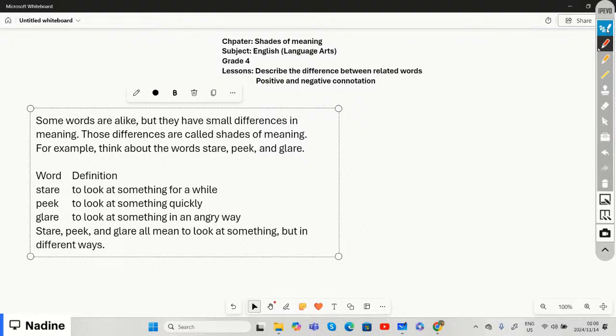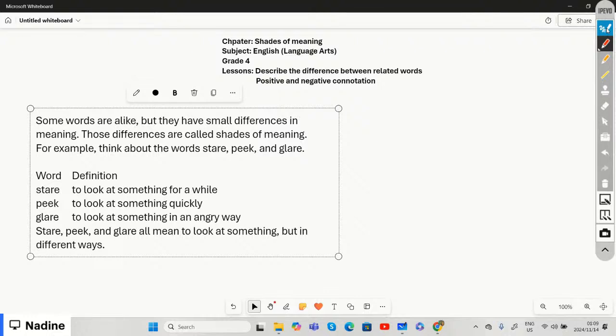So, differences in meaning. All right. So those differences we call shades of meaning.